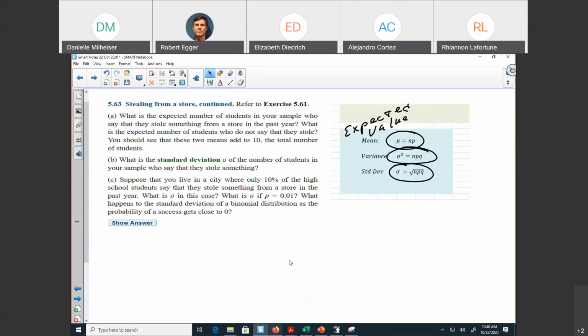So, what is the expected number of students in your sample? The sample n was 10, p was 0.20, and q was 0.80. What is the expected number of students in your sample who say that they stole something from a store in the past year?